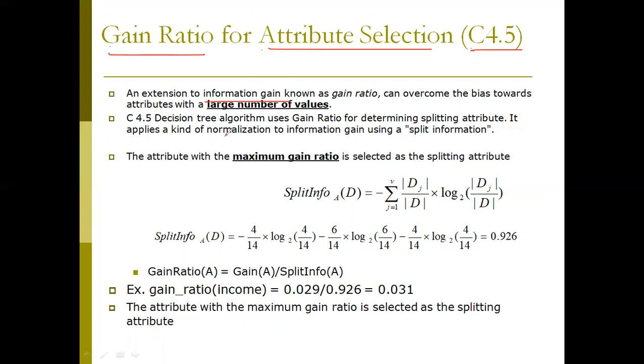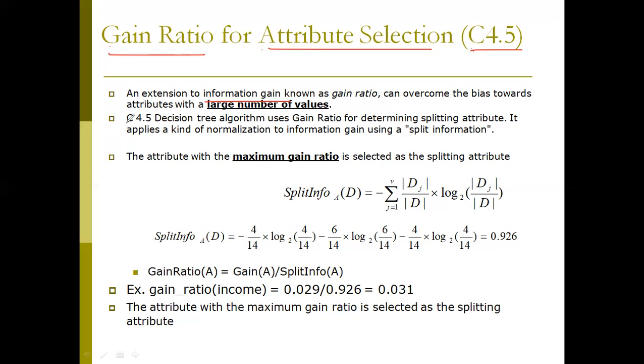By using this, we can handle attributes with a large number of values. If you have a large number of values in your selected attribute, then how do you select the best split for it? For this, we are going to calculate or measure the gain ratio.